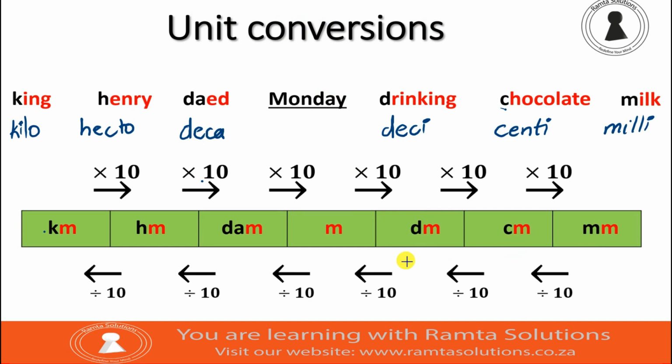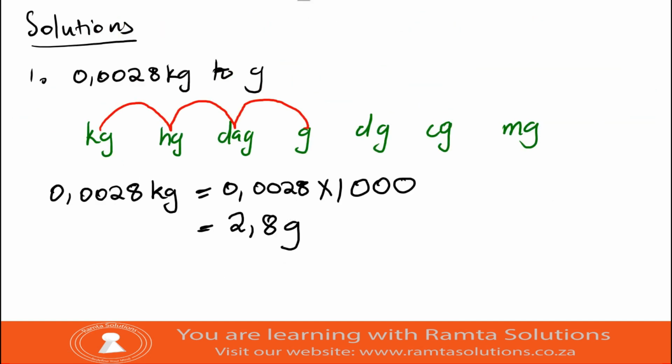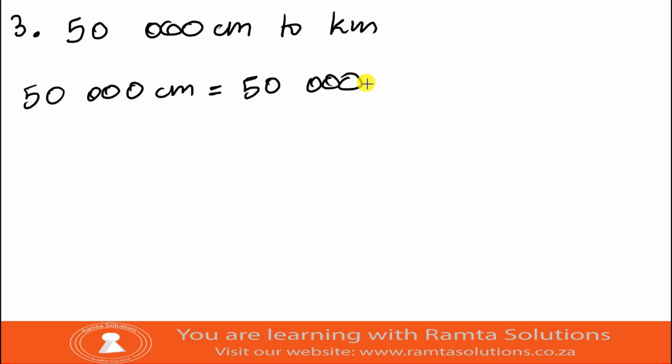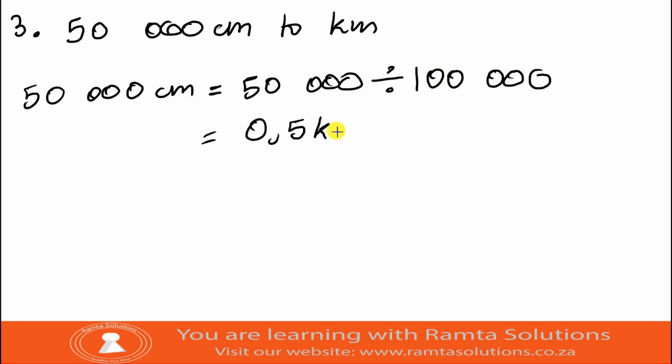So this is 1, 2, 3, 4, 5. So this will be divided by 100,000. So what is our answer now? Oh, it's half. Our answer is 0.5 kilometers. So what this means is that a kilometer has 100,000 centimeters.